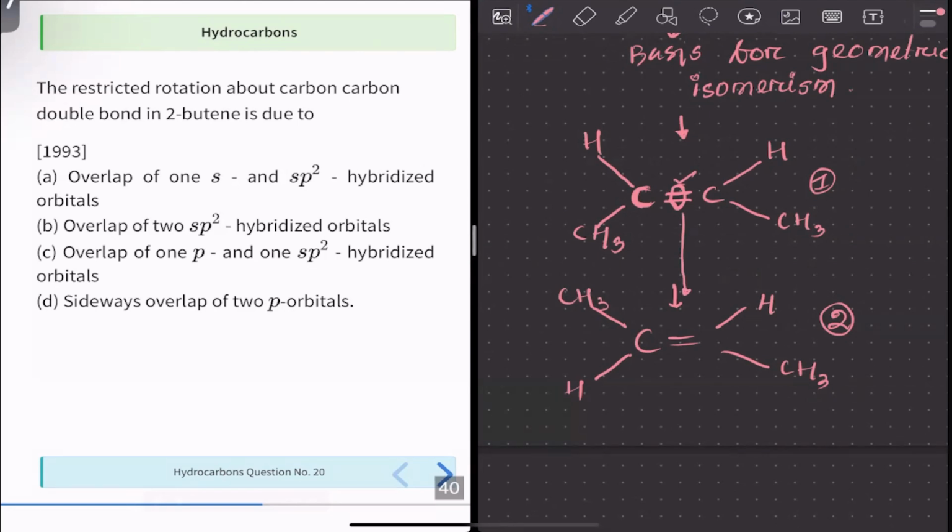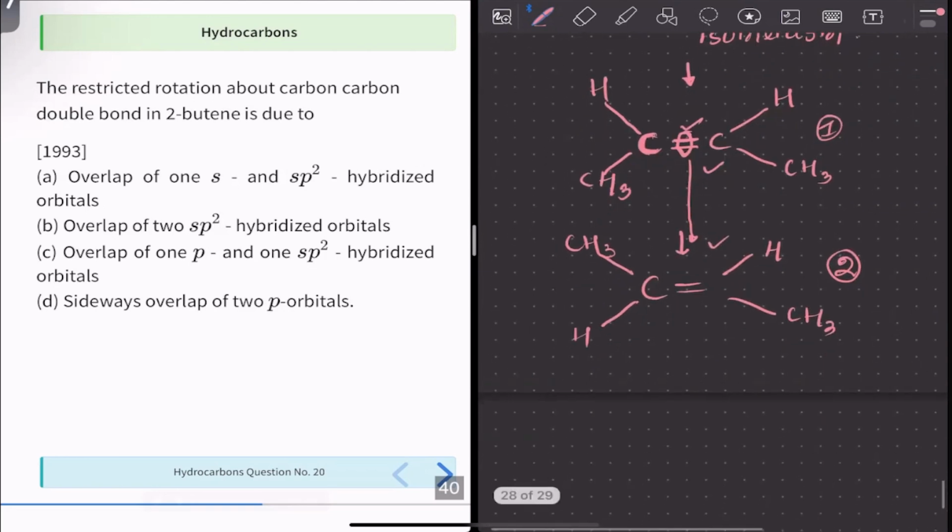These are two different molecules having the same molecular formula, so there will be geometrical isomerism. We call these two geometric isomers.